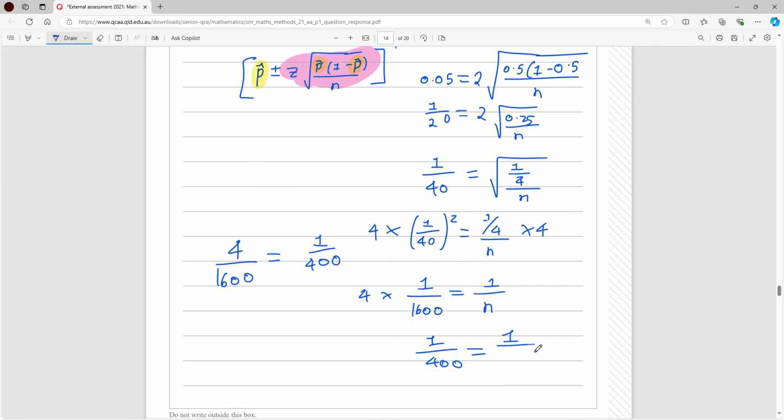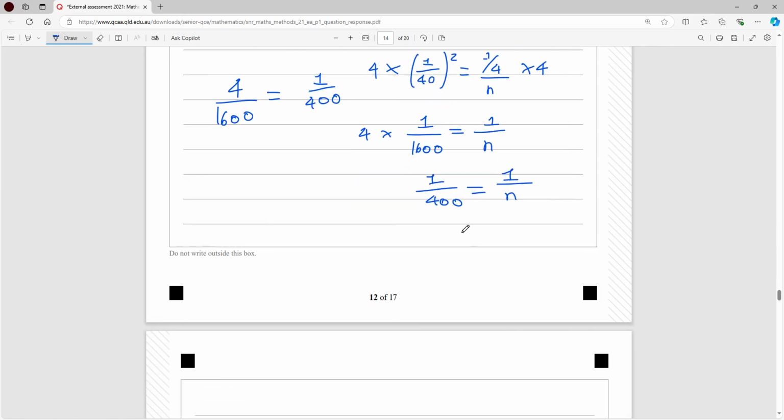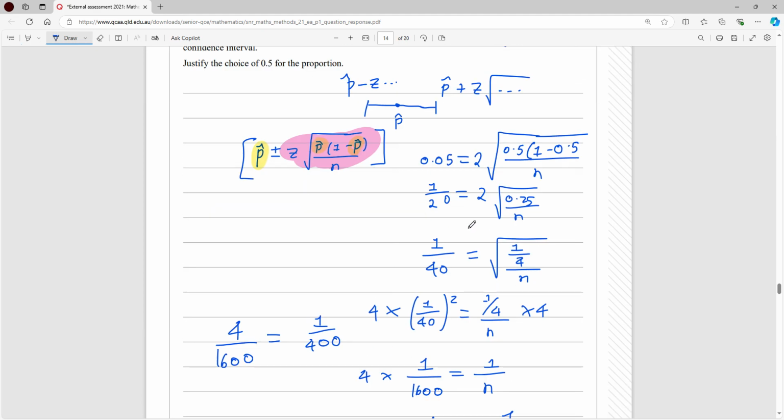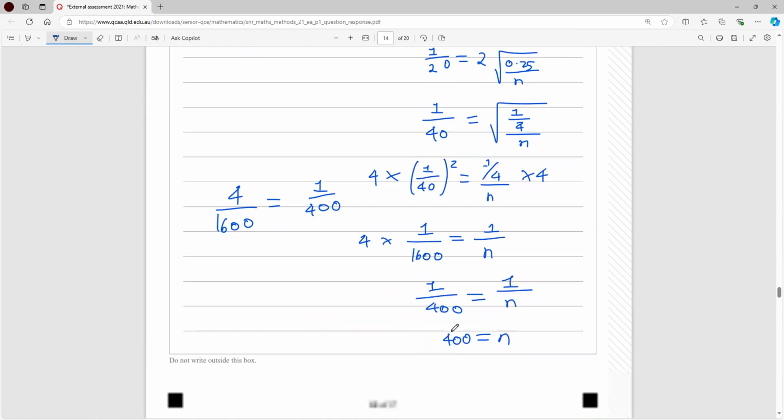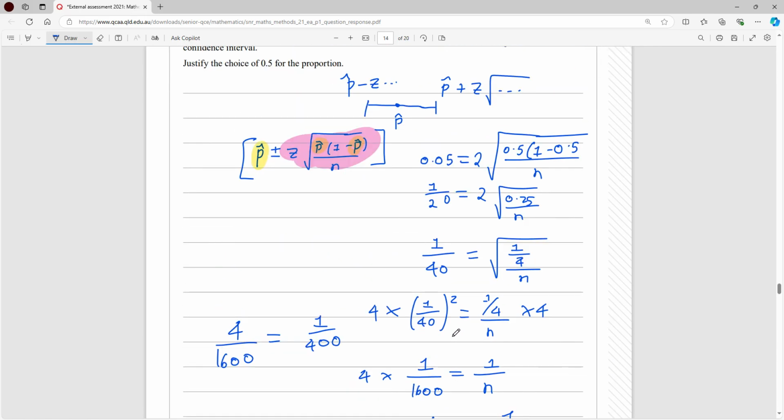Now because they're both ones, we can just flip both sides of the equation upside down. So we get 400 is equal to n. So pretty much, in order to have this proportion, so 50%, to be within this interval, you would need a sample size of 400, okay?